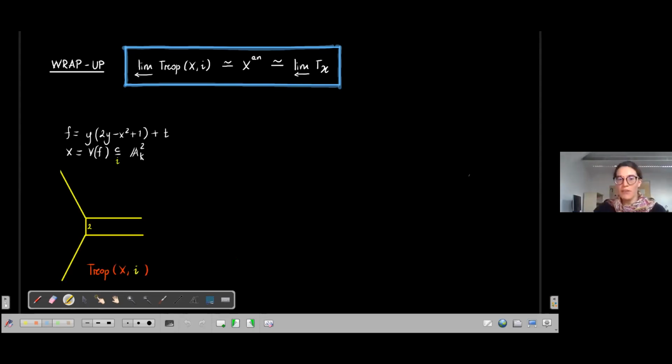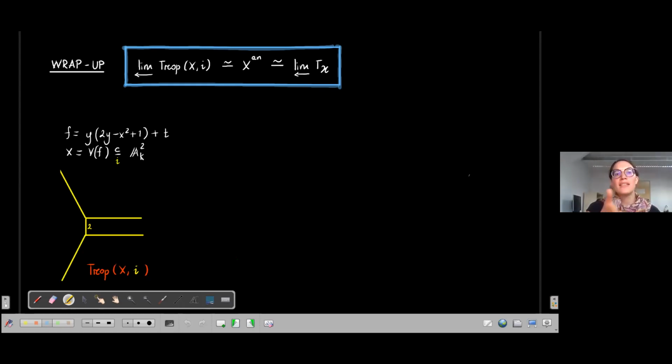So we take f to be given by y times (2y minus e squared) plus 1 plus t. Then you can embed this in A2K, and this will be the tropicalization. If you consider the tropicalization with respect to the embedding, this will be the picture of the tropicalization.